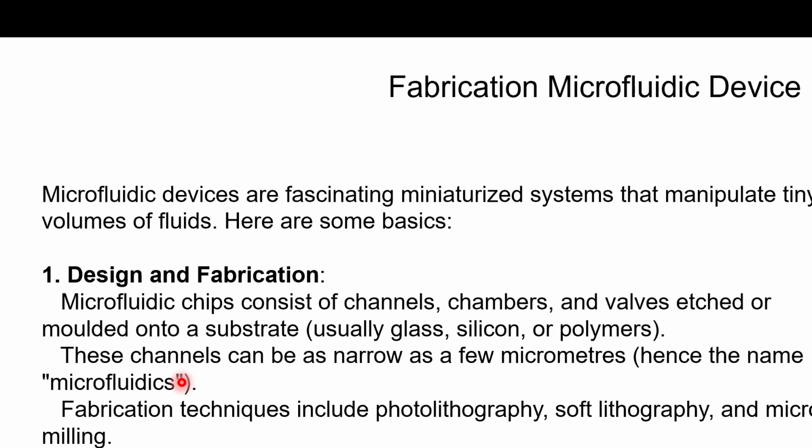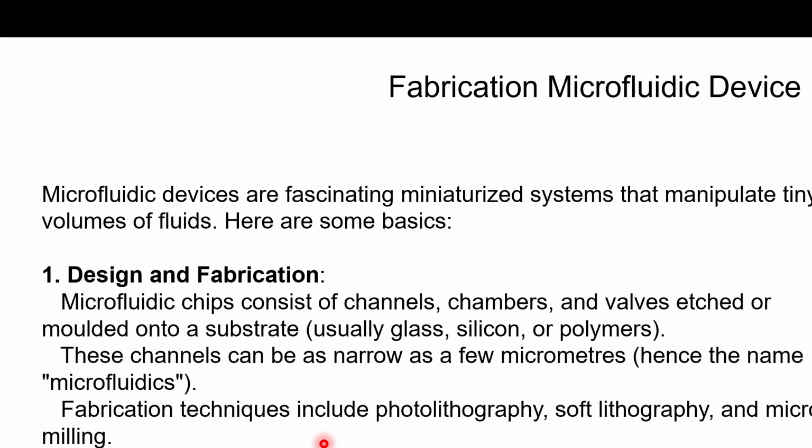So these channels can be narrow, some micrometer, or nanometer also is possible. For nanometer, very high precision instruments are needed to get a nanometer-level microfluidic device. And for fabrication, techniques like photolithography, soft lithography, and micromilling can be used.